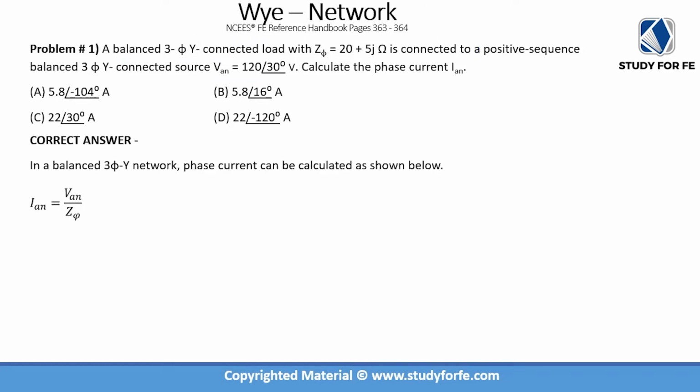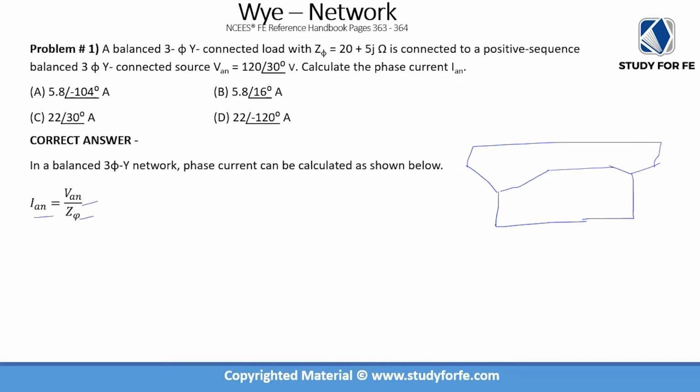In a balanced three-phase Y network, phase current can be simply calculated as IAN equals VAN divided by Z phase. If I were to draw this out, and I always recommend for three-phase systems at least to draw out the network, because it makes things a lot easier to understand and to follow.